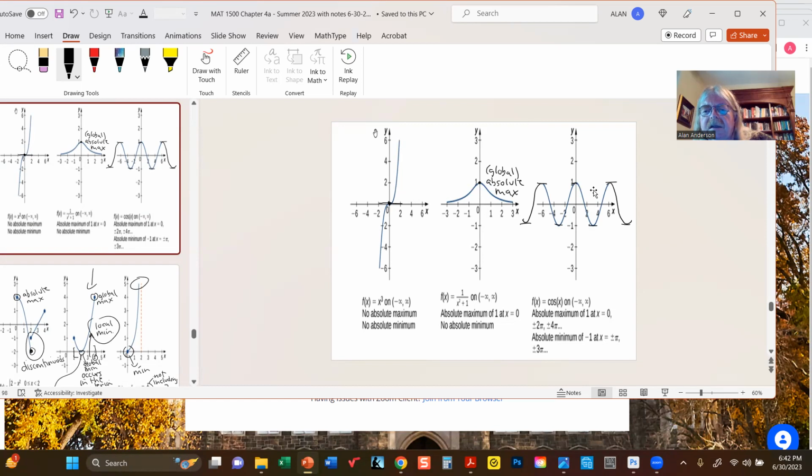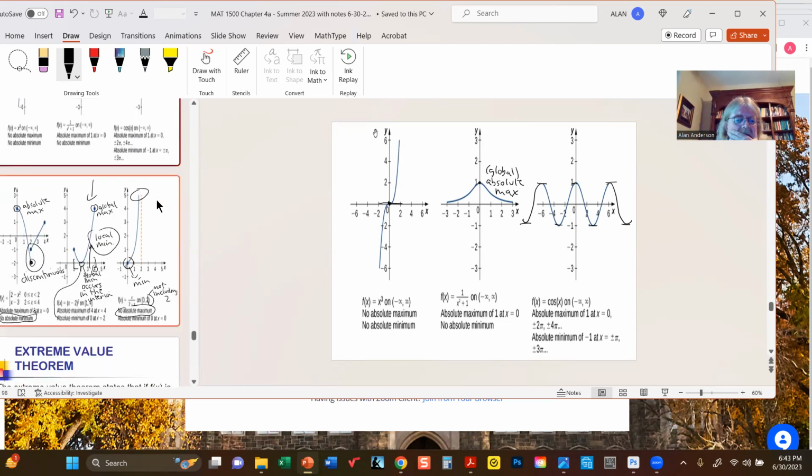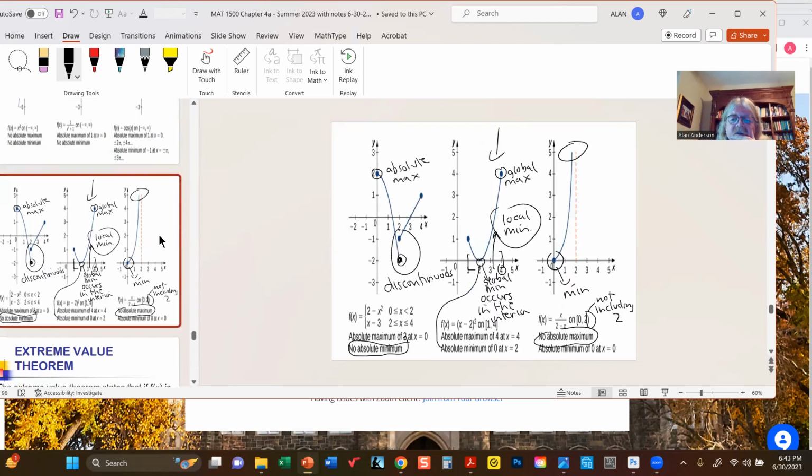And then finally here on the right, you've got a bunch of relative maxima and a bunch of relative minima, because this is the cosine of x, and it goes through a repeated series of waves. So there's actually an infinite number of relative maxima and minima. And then we've got a few more oddball cases here. We've got actual discontinuities and all kinds of weird behavior.